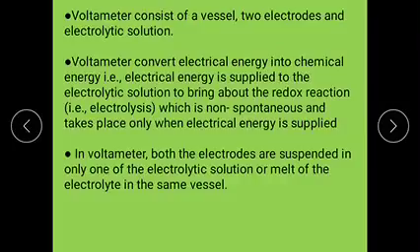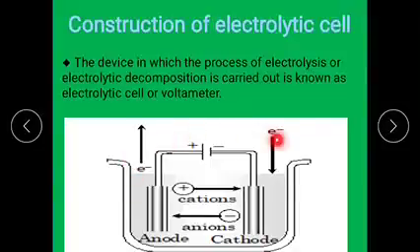Here the flow of electrons takes place from anode to cathode because when electricity passes from this battery to the electrolytic solution, the electrolyte dissociates into cations and anions, and these ions move towards oppositely charged electrodes: cations move towards the cathode side, anions towards the anode side.